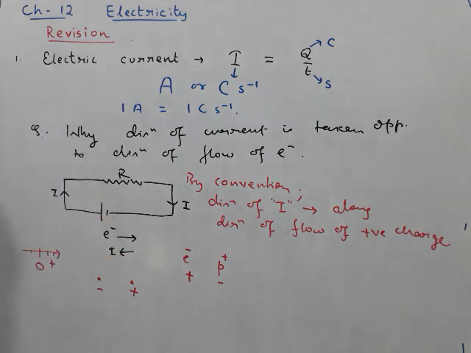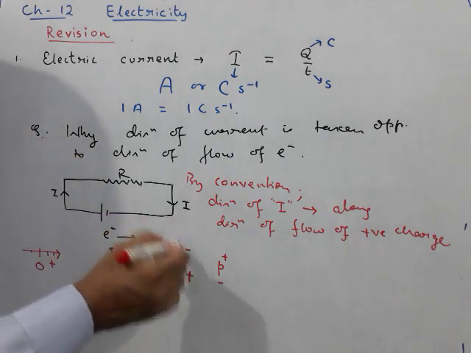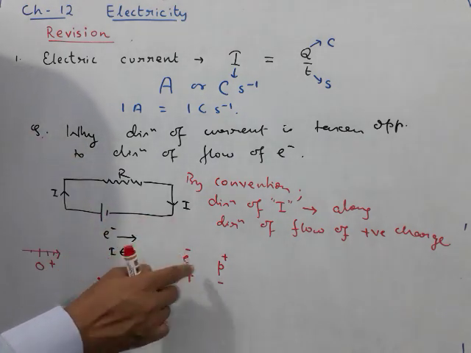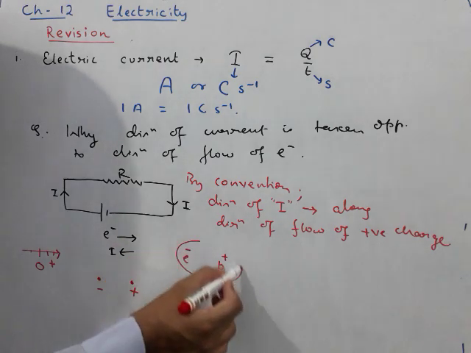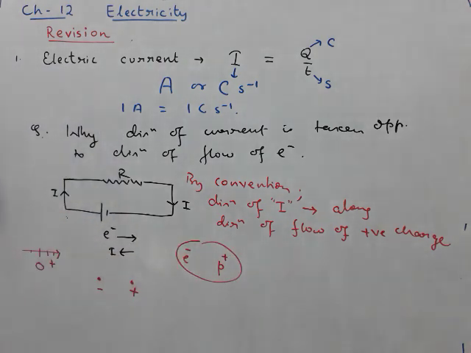So it was an unfortunate decision to use the convention that electrons have negative charge and protons have positive charge. Because of this particular convention, this result arises that current we choose in the direction opposite to the direction of flow of electrons. Is it clear, students?